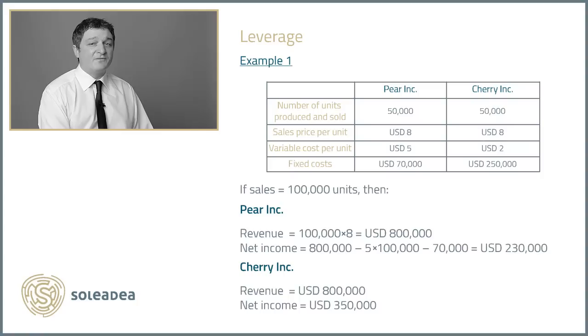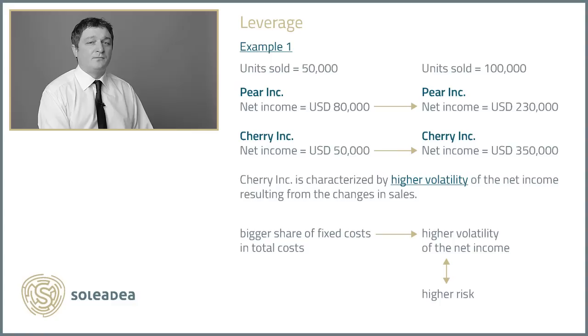And the net income of Cherry Incorporated will be 100,000 times 8 minus 2 minus 250,000, which is $350,000. Thus, we can see that Cherry Incorporated is characterized by higher volatility of the net income resulting from the changes in sales. In this case, the risk is higher, which results from the fact that fixed costs have a bigger share in the general cost structure of Cherry Incorporated.